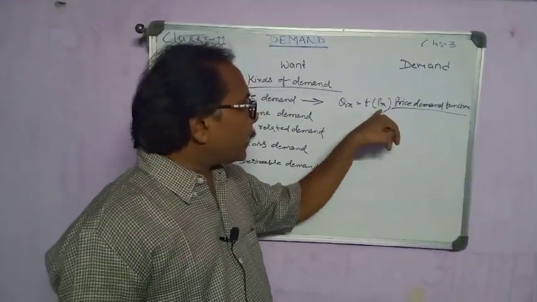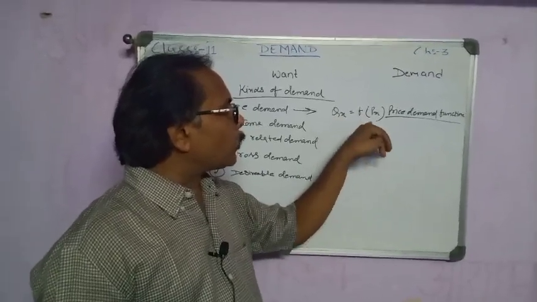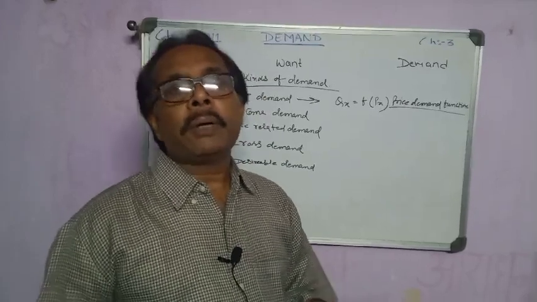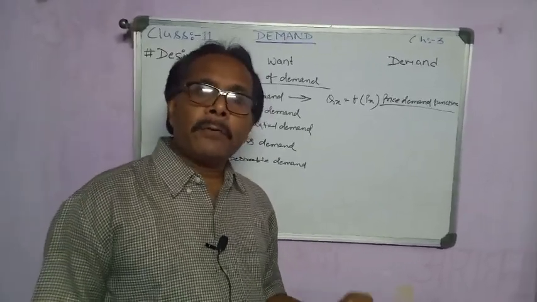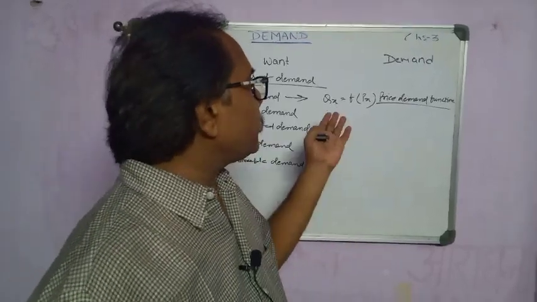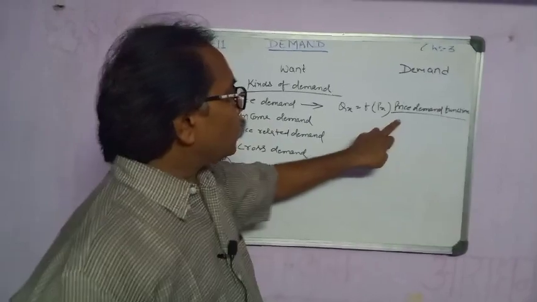So here, that is the functional relation between the price and quantity demanded.